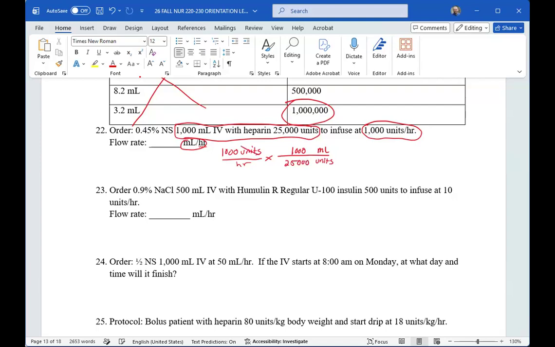Units cancel out. I'm left with milliliters per hour, and then 1,000 times 1,000 divided by 25,000 gives me a final answer of 40 milliliters per hour.